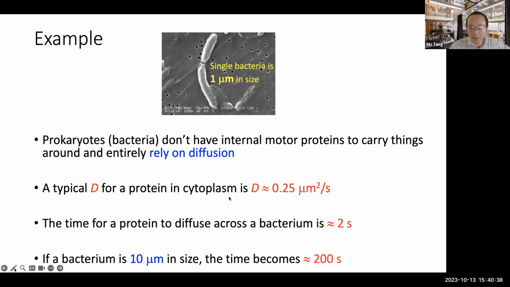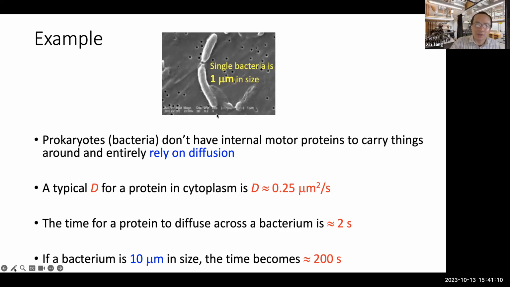Here we were talking about the protein inside the bacteria. But if you look at the bacteria itself, because it is so small, it can also perform a random walk in the water, because it is subjected to the thermal bumping of water molecules. At the same time, bacteria have their own active mode.